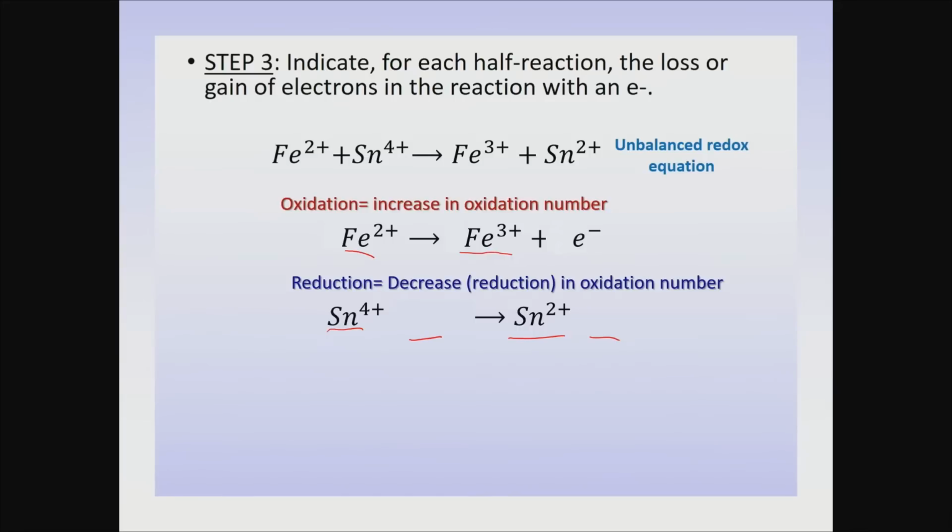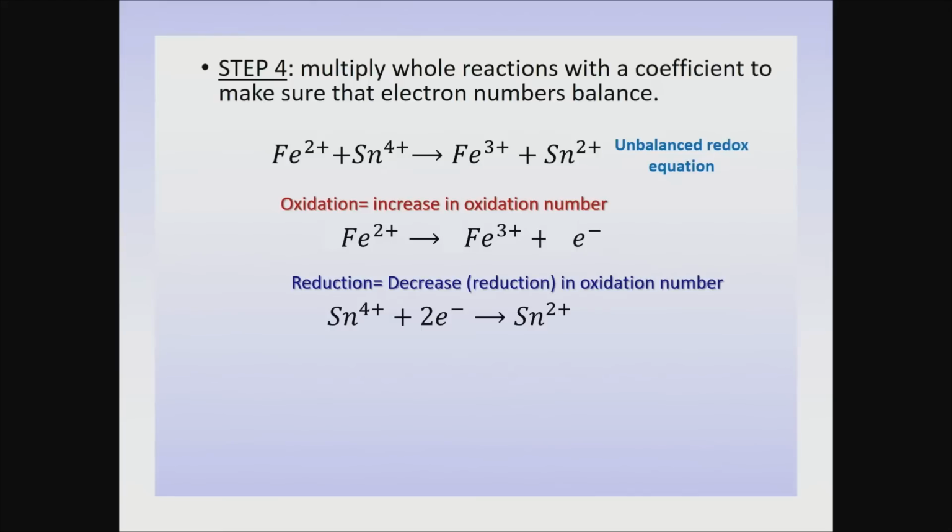So we need the electrons to be here on the reactant side. The question is, how many electrons do we need to add in this reaction to go from Sn4+ to Sn2+? Well, Sn4+ is deficient in 4 electrons. Sn2+ is only deficient in 2 electrons, so we only need to gain 2 electrons, and so that is correct.